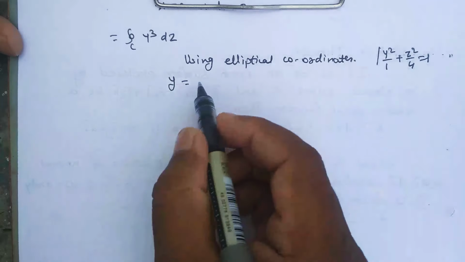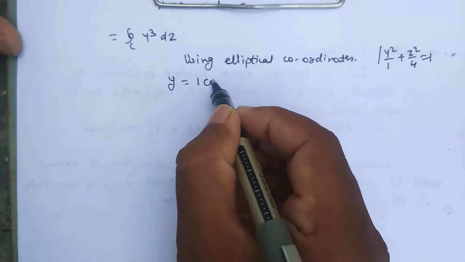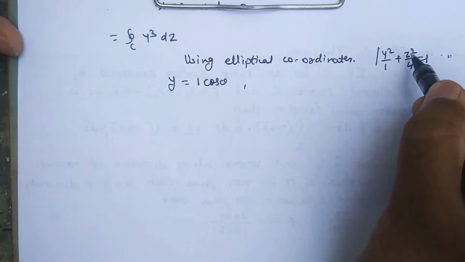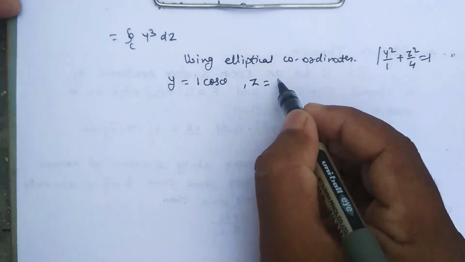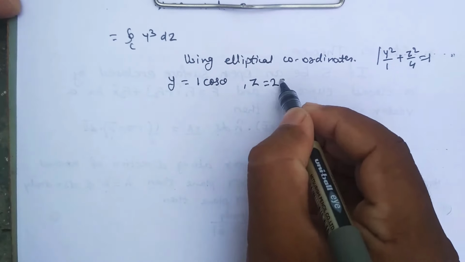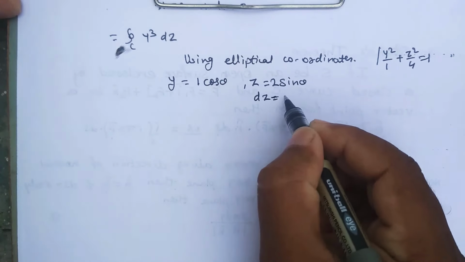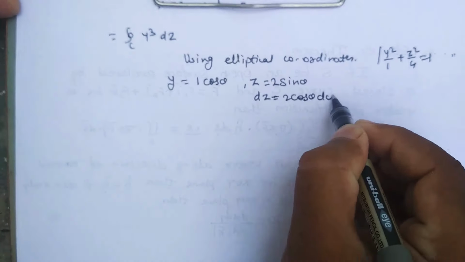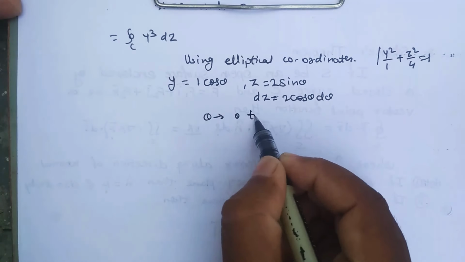So, y equals a cos theta, where a is 1, so y equals cos theta. Then z equals b sin theta, where b is 2, so z equals 2 sin theta. This implies dz equals 2 cos theta d theta. And for the whole ellipse, theta varies from 0 to 2 pi.